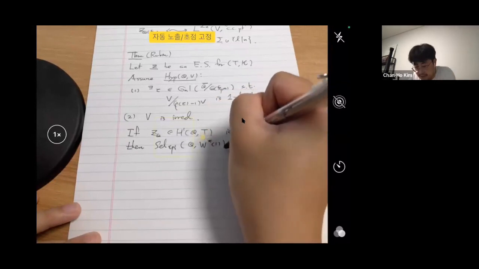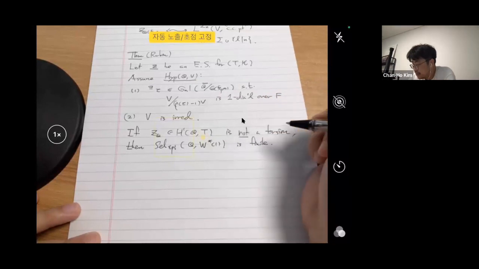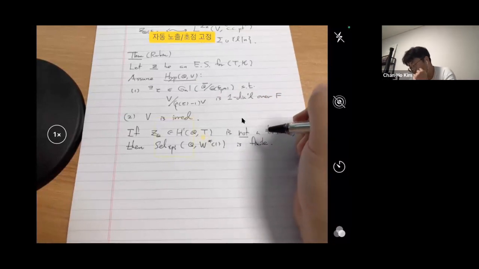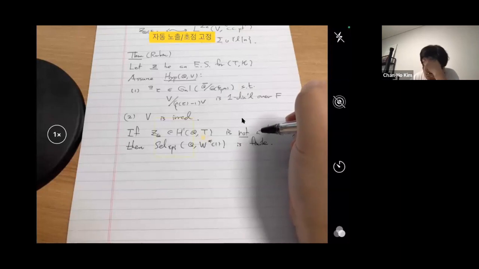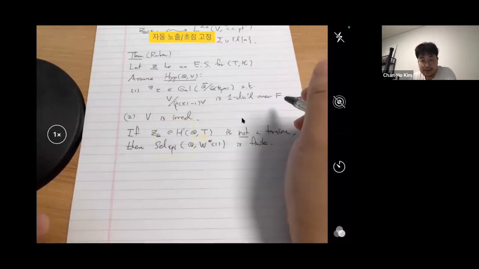So it's finite. In the case of elliptic curves, using the Weil pairing, it is self-dual, so you don't have to worry about it too much. But in general, you need to care about its duality.